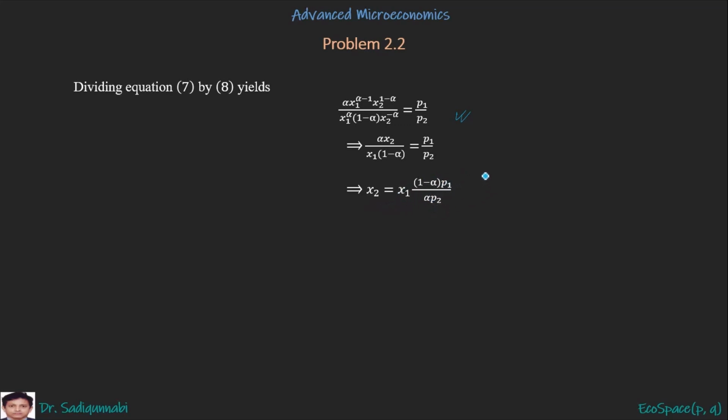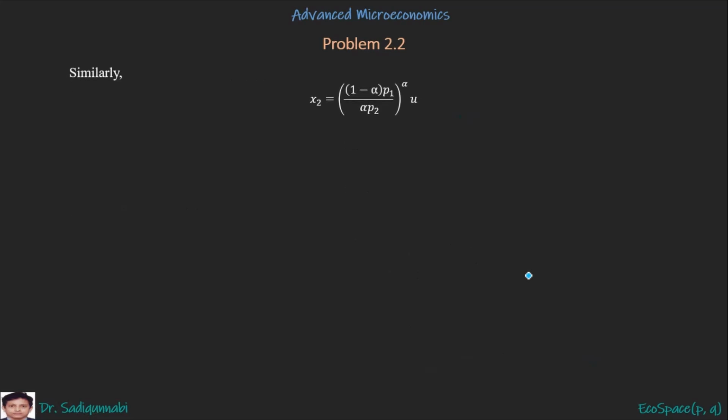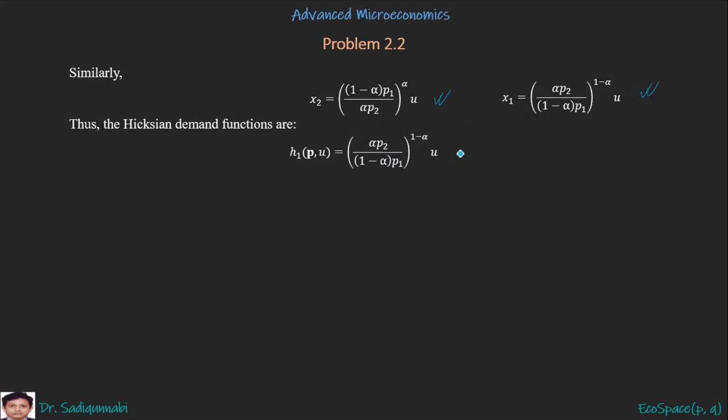Substituting x2 into 9 and simplifying, we get this as x1. So we have got two values for x1 and x2, and these are the Hicksian demands for good 1 and 2. This is our Hicksian demand function for good 1, and this is our Hicksian demand function for good 2.